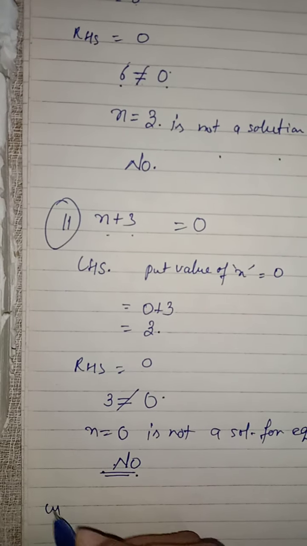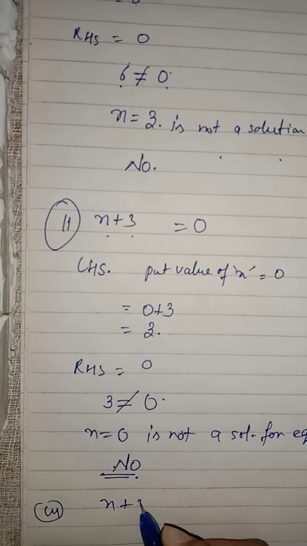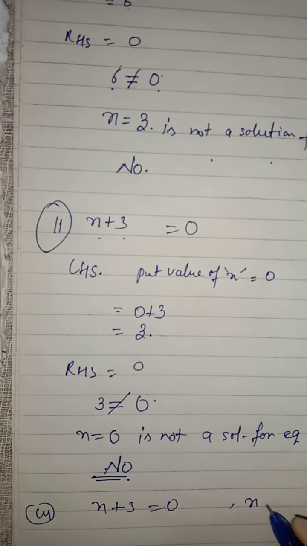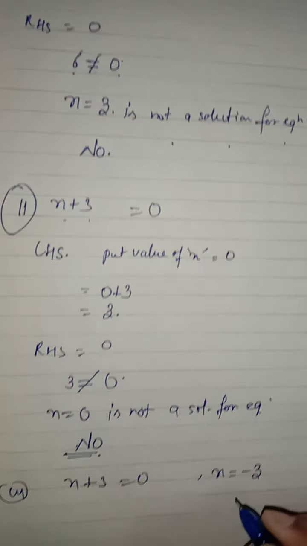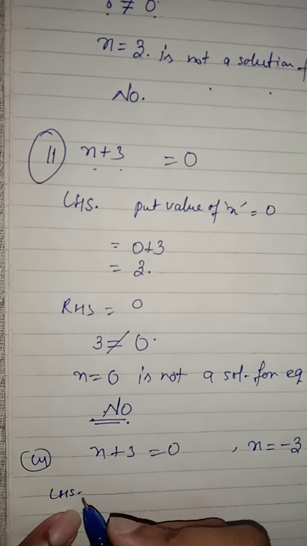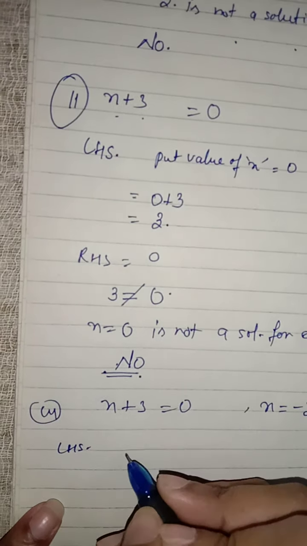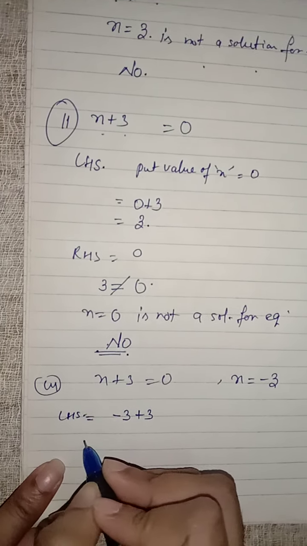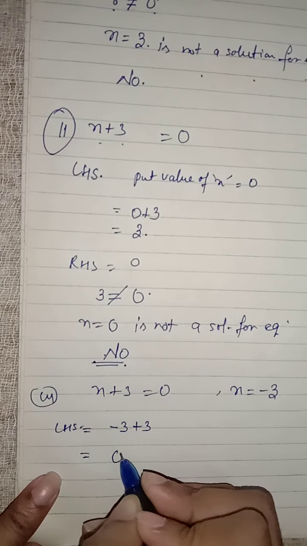Now third question is x plus 3 is equal to 0. Equation is same, but the value of x given is minus 3. Now put x is equal to minus 3 on left hand side. While putting the value, we will write minus 3 plus 3 on left hand side. Minus 3 plus 3 will give you 0.